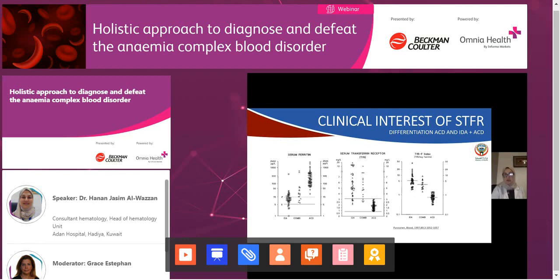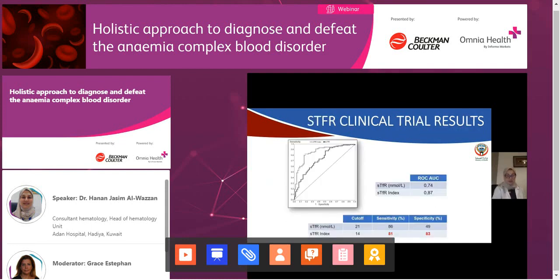Also, using the transferrin receptor index has the same value, however improving the sensitivity and specificity, where the receiver operating characteristic curve shows that the area under the graph of the serum transferrin receptor index at the cutoff point of 14 has similar sensitivity to the serum transferrin receptor, but higher specificity.